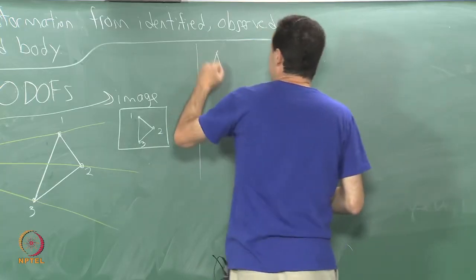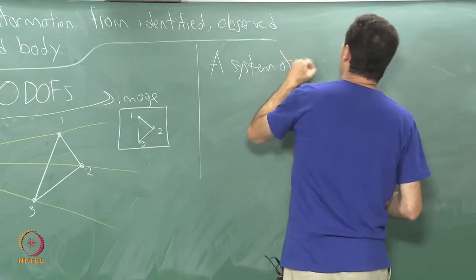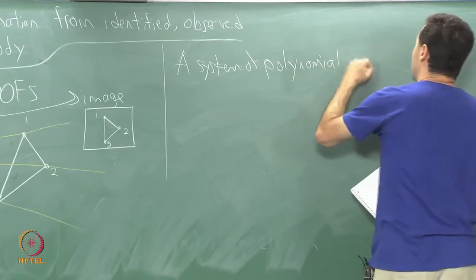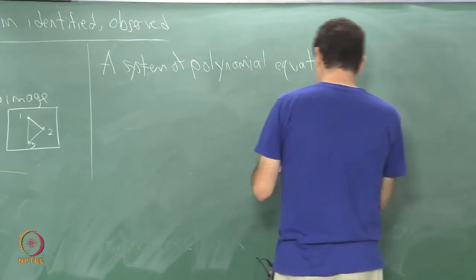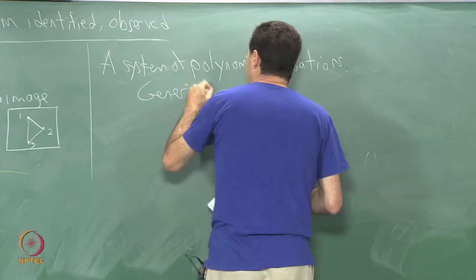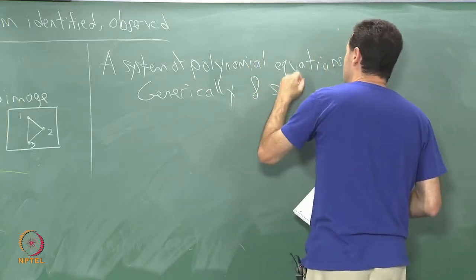So you get a system of polynomial equations and there are generically 8 solutions.